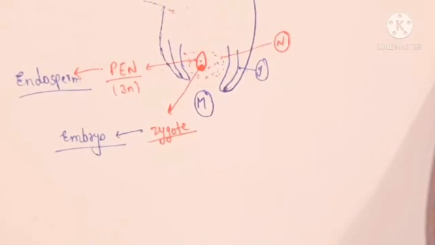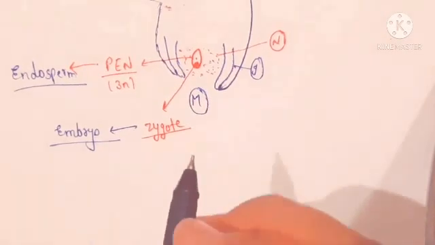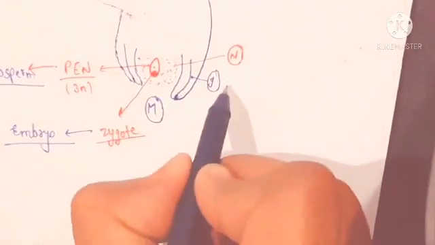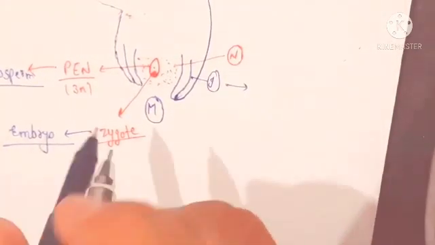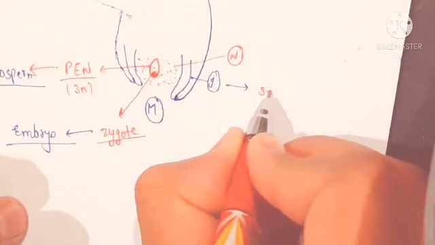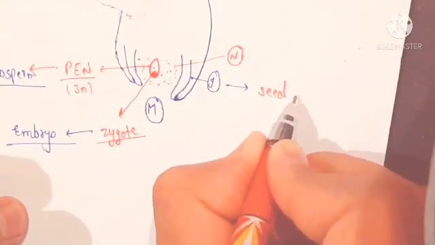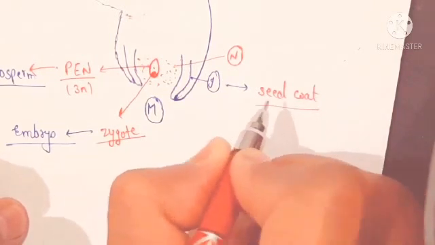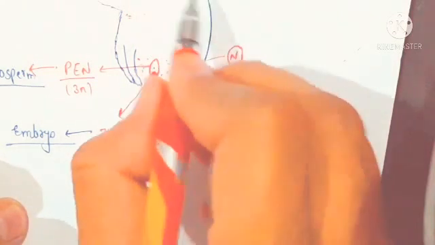Now this integument is converted into seed coat. Now this whole structure is the ovule.